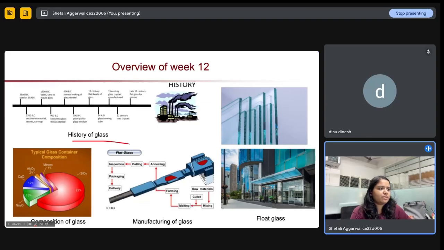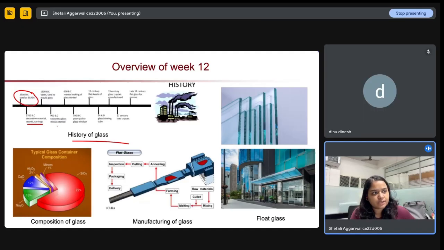If we look at the history of glass, it's very old. From medieval times we have been using glass. It was found as chunks and beads initially, and then people started using it as a decorative material.